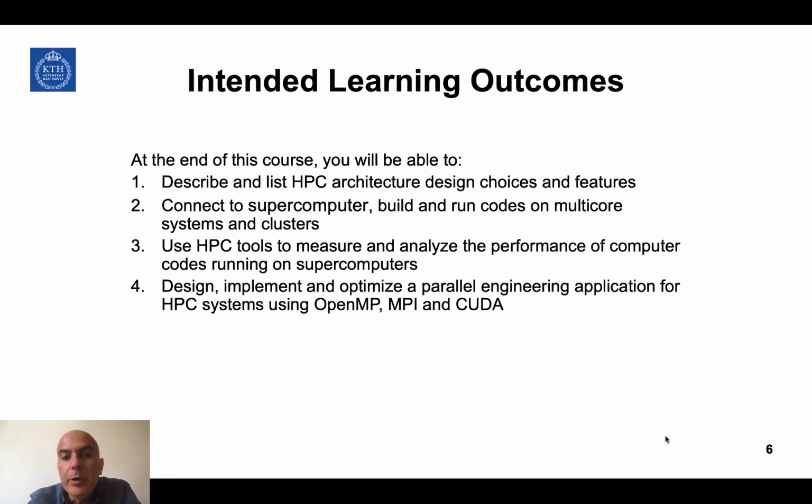You will be able to use HPC tools to measure and analyze the performance of computer codes running on supercomputers. And finally, you will be able to design, implement, and optimize parallel engineering applications for HPC systems using OpenMP, MPI, and CUDA. Those are the three major approaches that we will learn during this course.